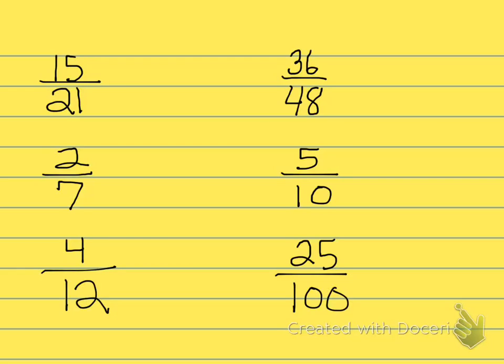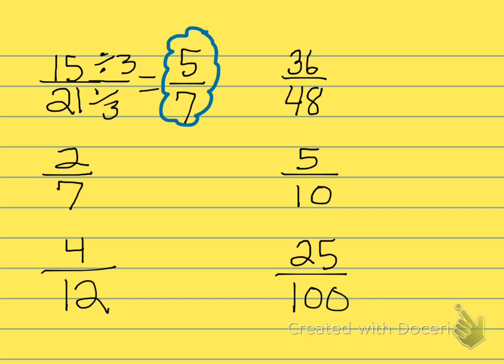Therefore, I don't think there's a greater common factor, because 5 is definitely not a factor of 21. So I'm going to divide by 3 and divide by 3, and I will get 5/7. Oh, those are 2 primes. I know I cannot simplify that anymore. Therefore, 5/7 is in its simplest form.